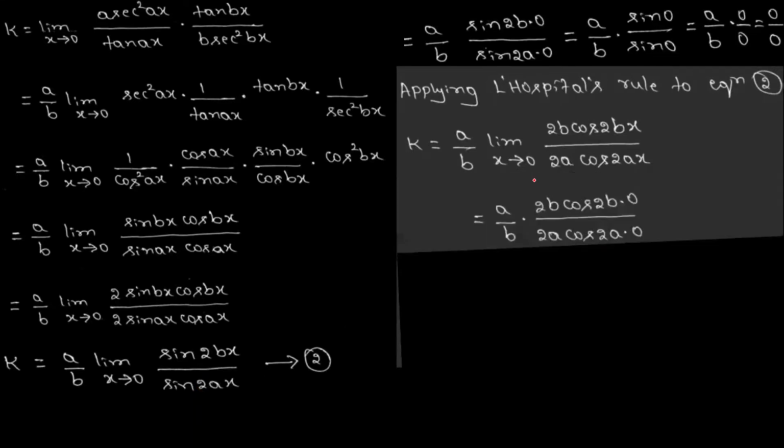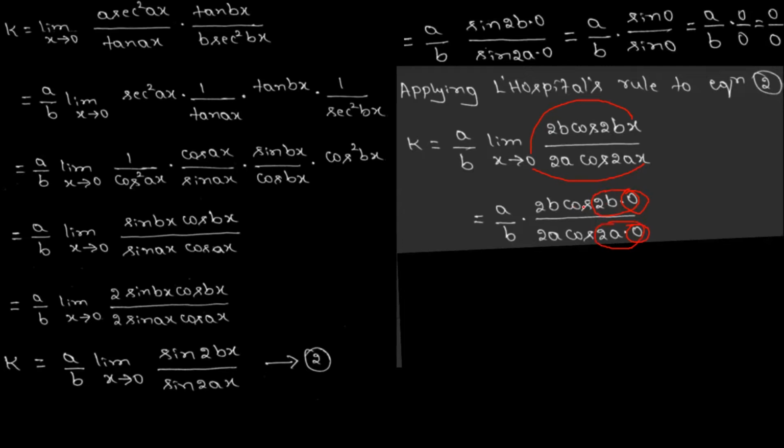Now let us further simplify by applying the limit. If you apply the limit here and here in the places of x, we all know 2b into 0 is 0 and 2a into 0 is 0.